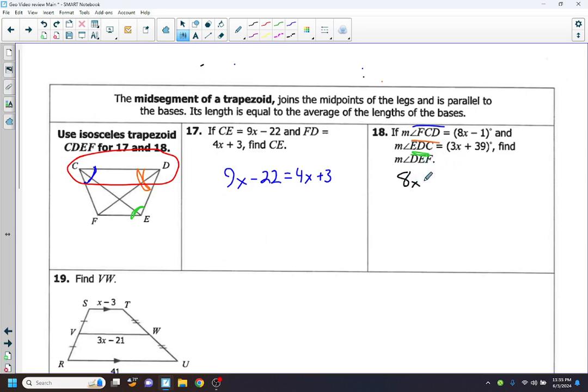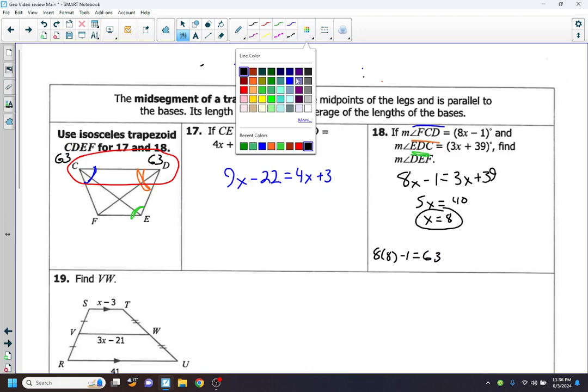So I would do 8x minus 1 equals 3x plus 39. I'm going to find x because it's relevant for DEF. 5x equals 40, x equals 8. I could plug it into either one because they're the same. 8 times 8 minus 1, 64 minus 1 is 63. So I know this angle is 63, and I know this angle is 63.